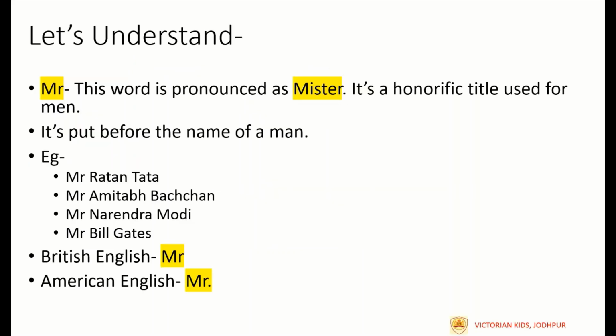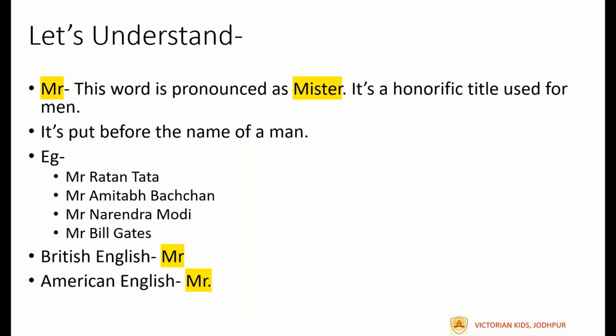Before we begin reading this chapter, let us understand the meaning and pronunciation of the word Mr. This word Mr is an abbreviation or short form of the word Mister. Mr. is a title of respect used for men. We put it before the name of a man to give him respect.